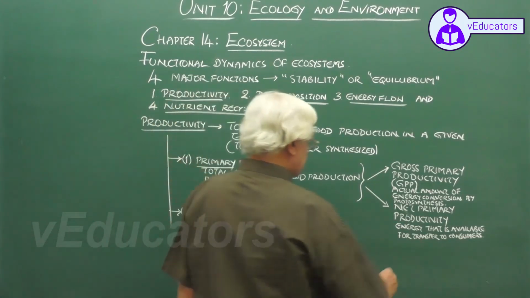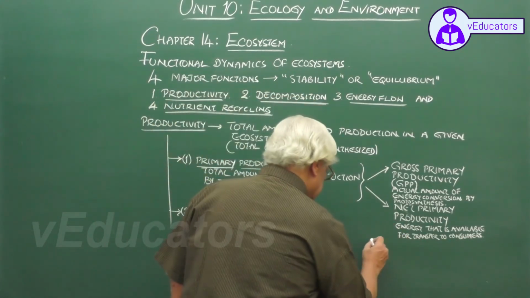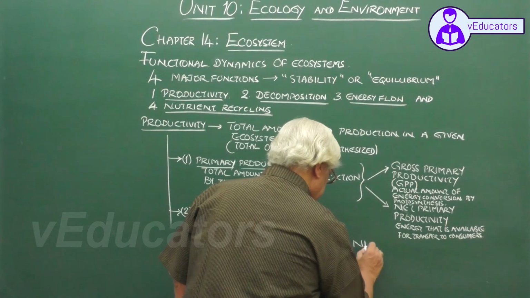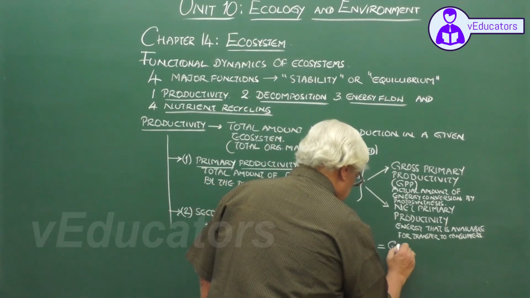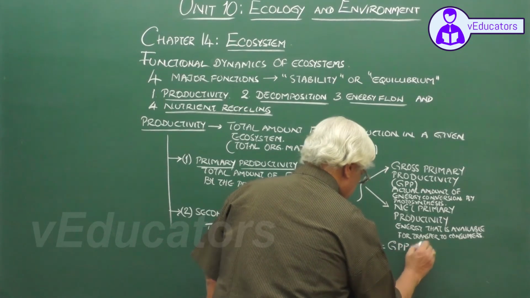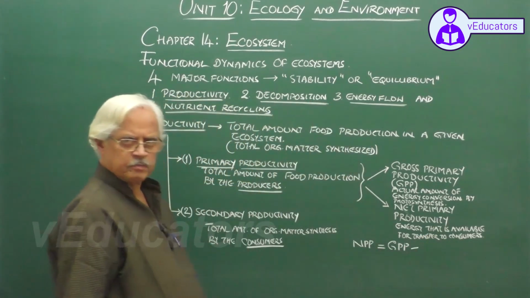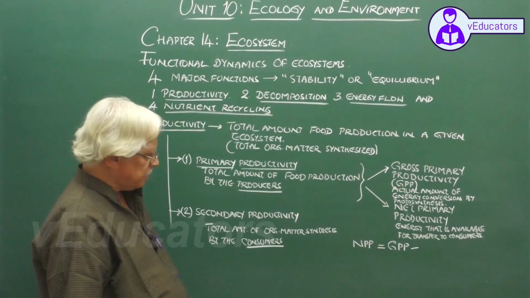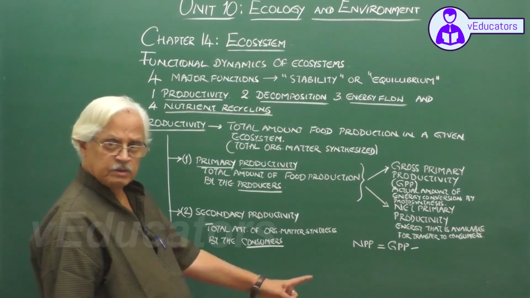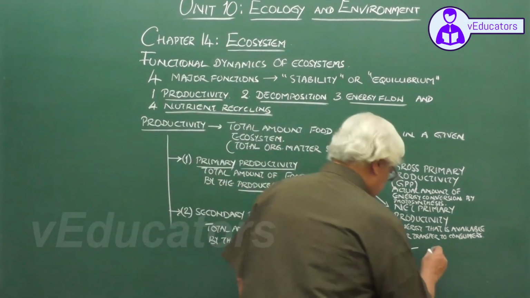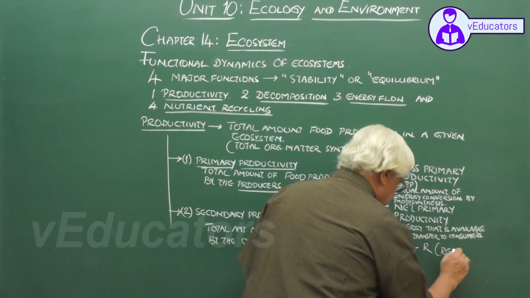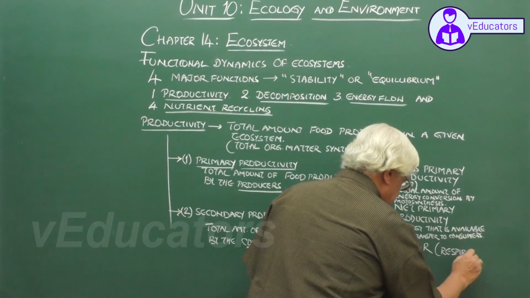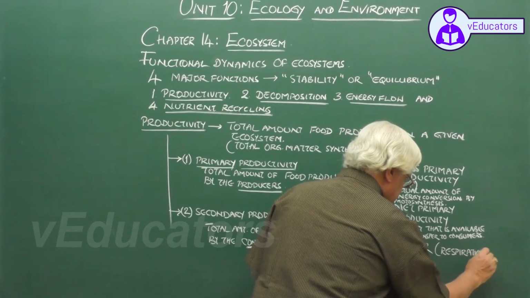So you can arrive at a relationship: net primary productivity equals gross primary productivity minus R. R stands for respiration.